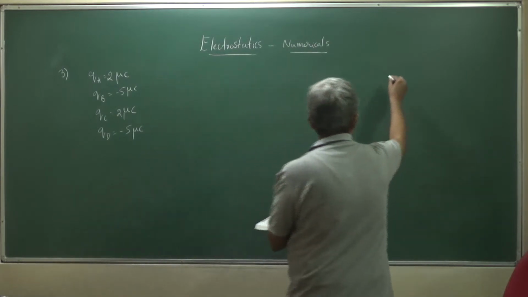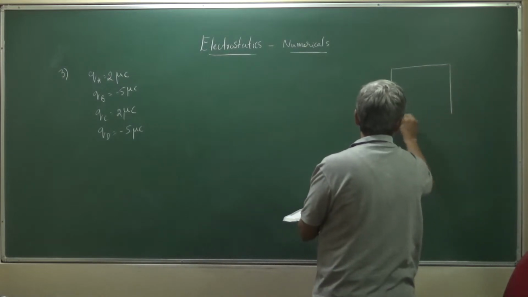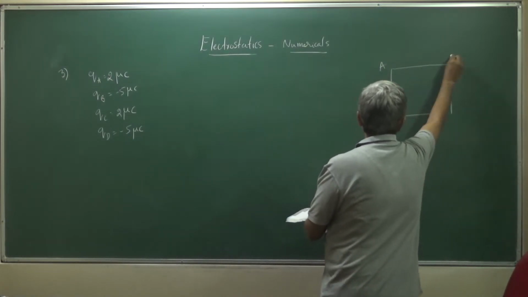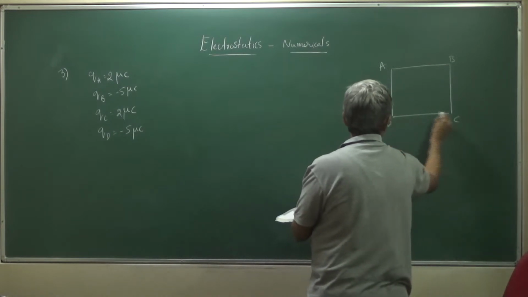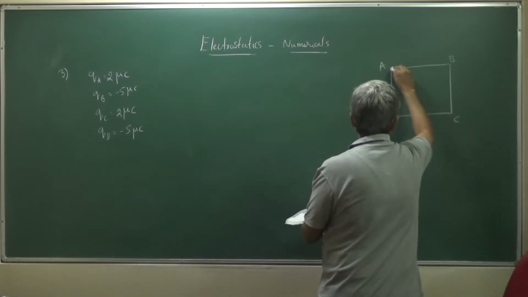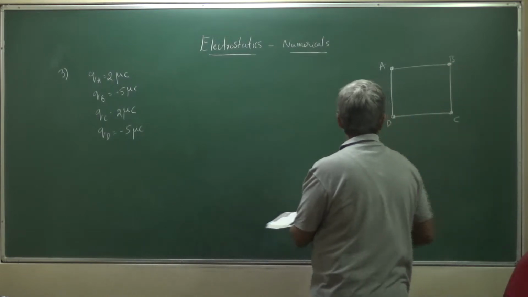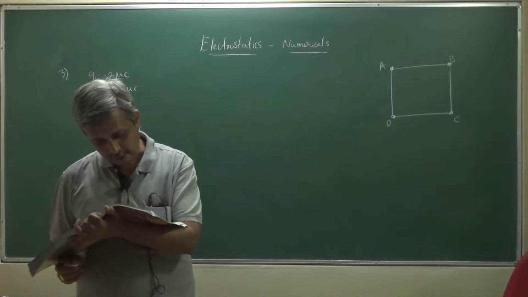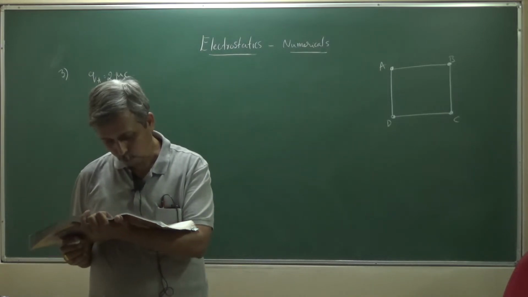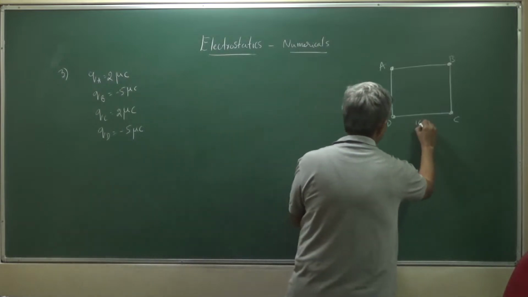So there is a square, ABCD, and these charges QA, QB, QC, QD are located at the corners. One here, one here, one here, one here. Each side of this is 10 centimeters.